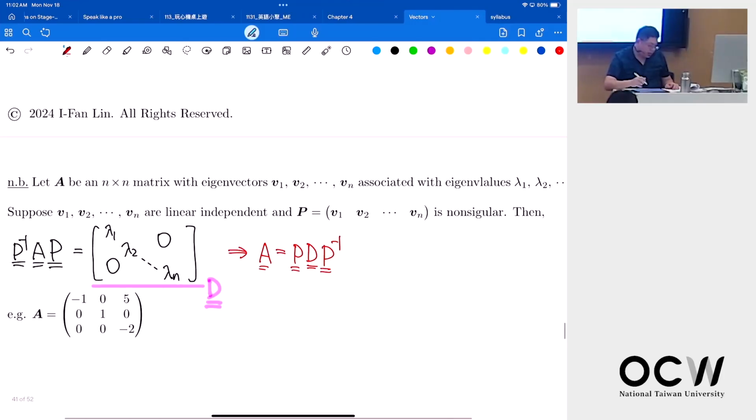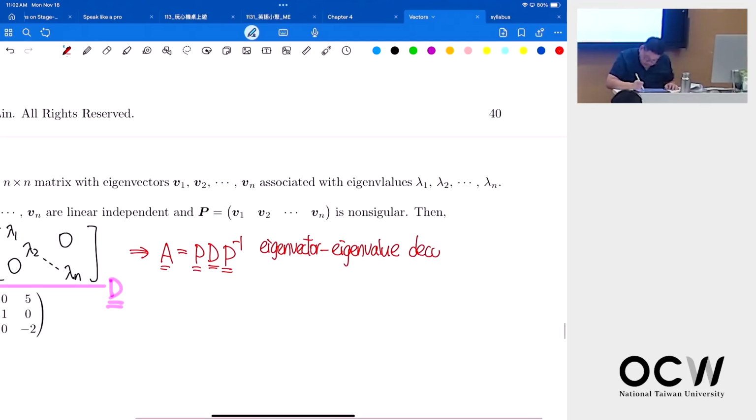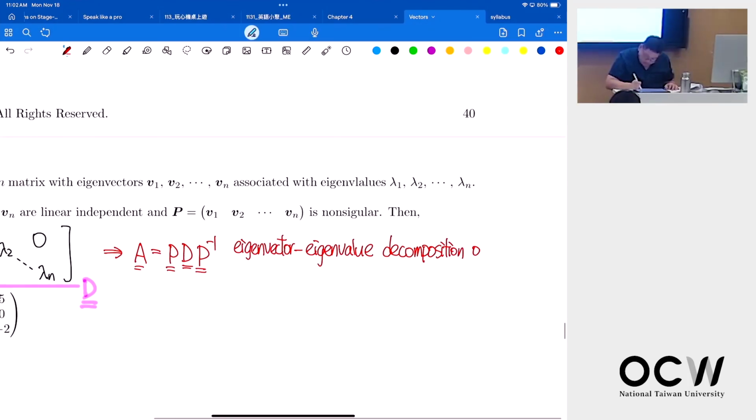That is called the eigenvector eigenvalue decomposition of matrix A. Okay.